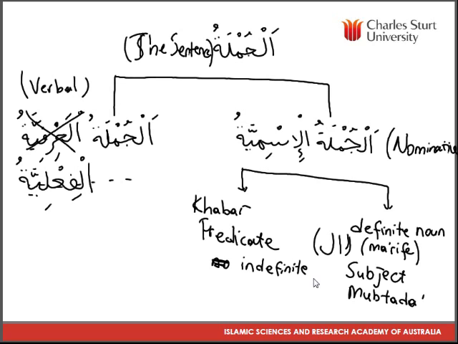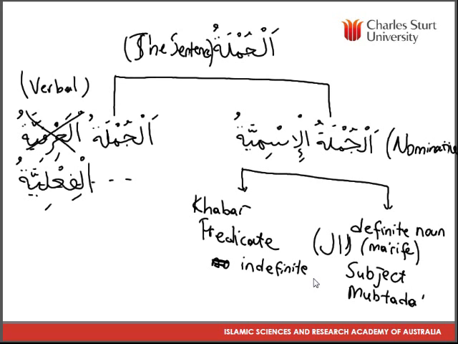Okay. Look, there are examples here. They are all jumla ismiya and in this form: definite with al and indefinite form. On page number 14, there are 10 examples. Al-kitabu jadidun wal-kalamu qadimun.